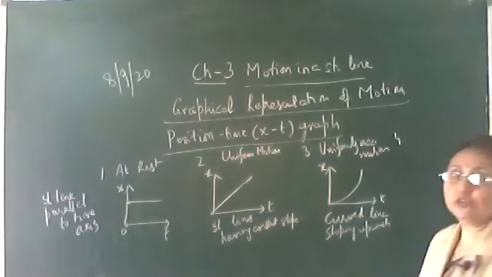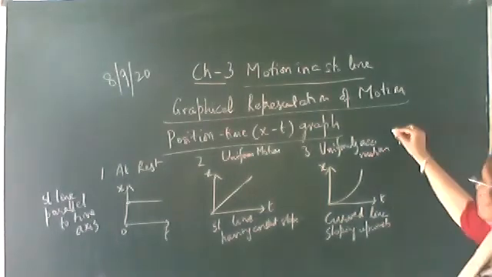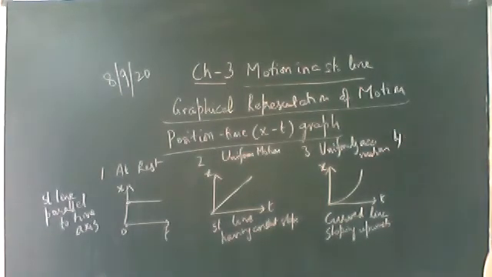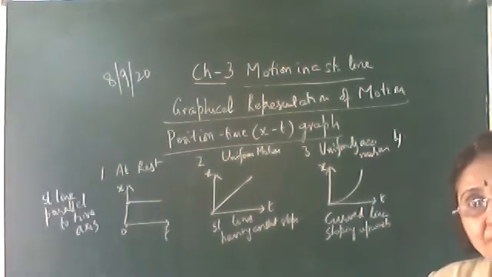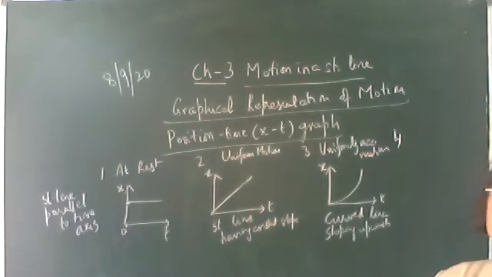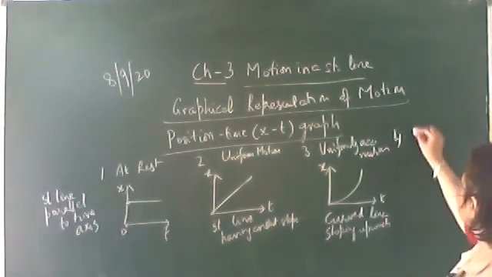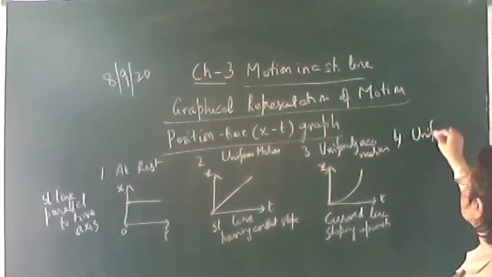Whereas for uniformly retarded motion, the change in velocity is continuously decreasing with equal intervals of time.